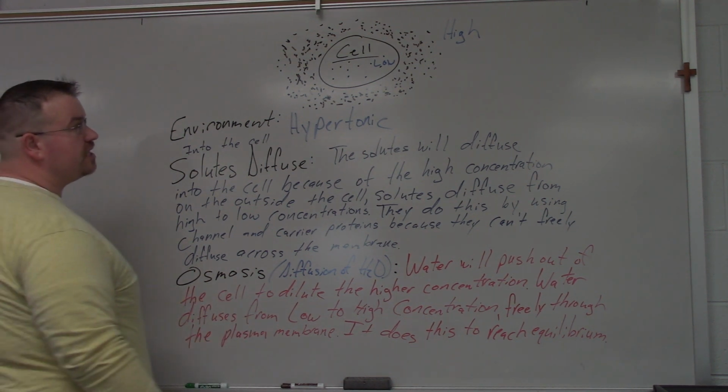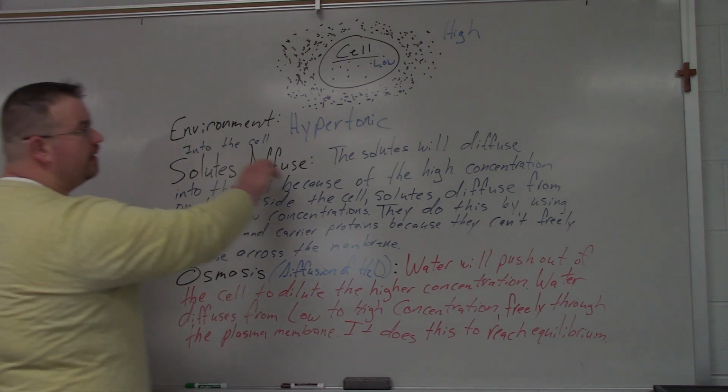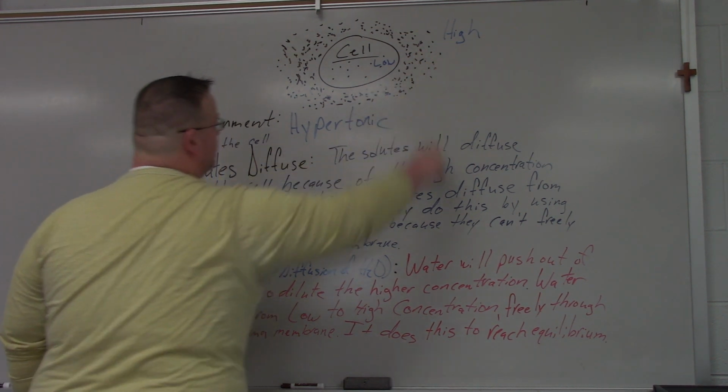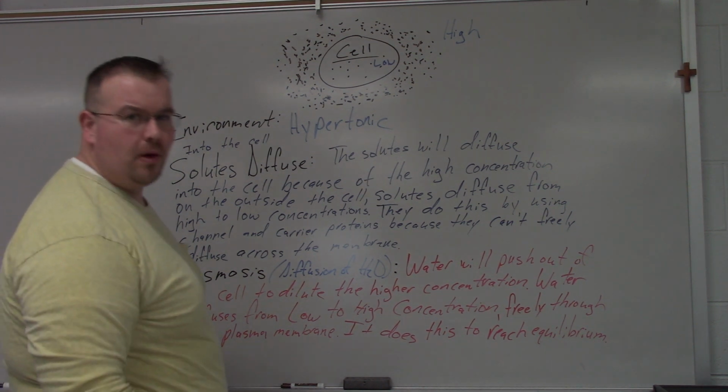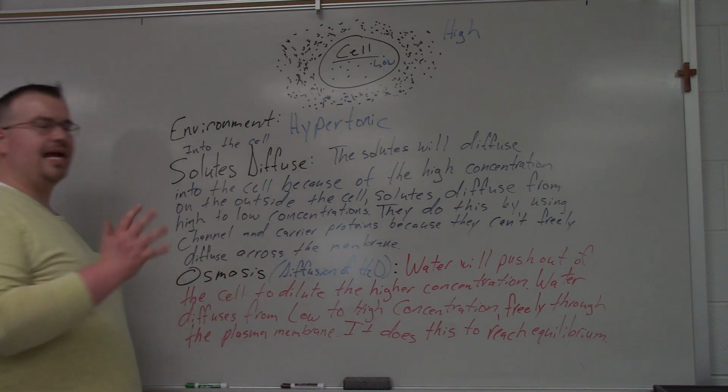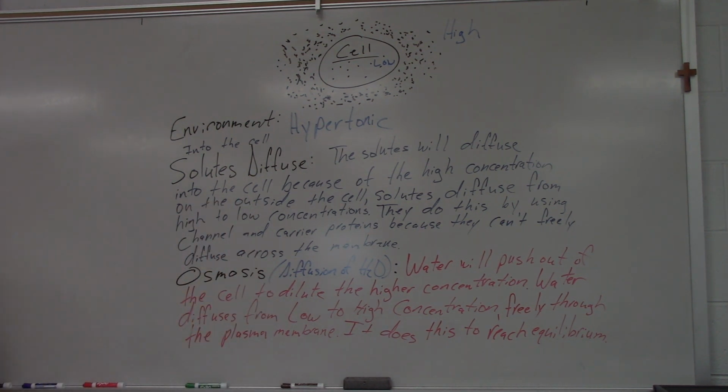You need to understand, we determine the environment based off where the concentration is. High concentration outside is hypertonic. High concentration inside, hypotonic. Concentration the same on the inside and the outside, isotonic.